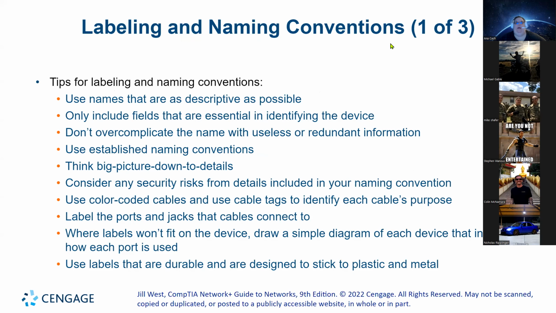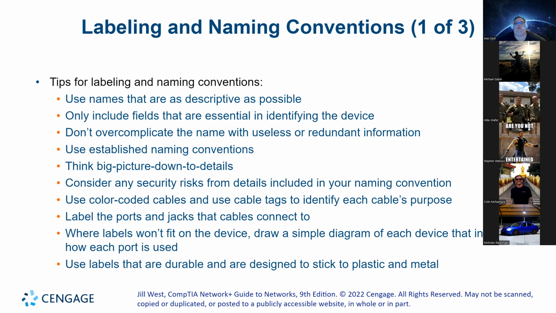Okay, so labeling and naming conventions, as you can see, can get quite complicated. So tips for labeling and naming conventions. Use names that are as descriptive as possible. Only include fields that are essential in identifying your device. Do not overcomplicate the name with useless or redundant information. Use established naming conventions.